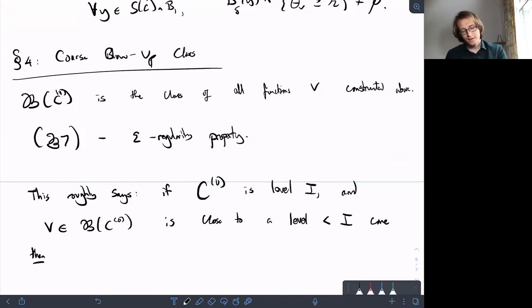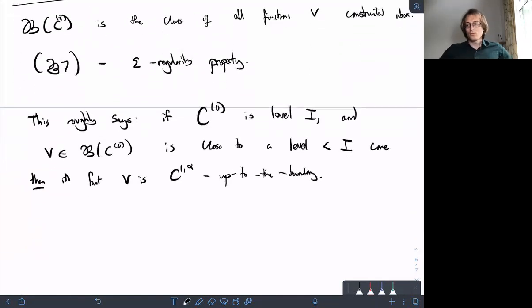then in fact, V is C1,alpha up to the boundary over each half hyperplane in C. So what this means is that if we blow up a level 1 cone, and the blow-up is actually close to a level 0 cone, then it is actually C1,alpha up to the boundary.